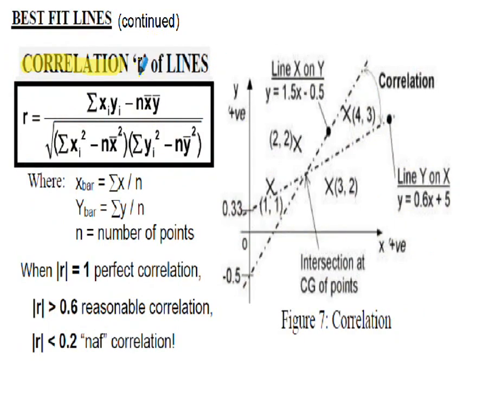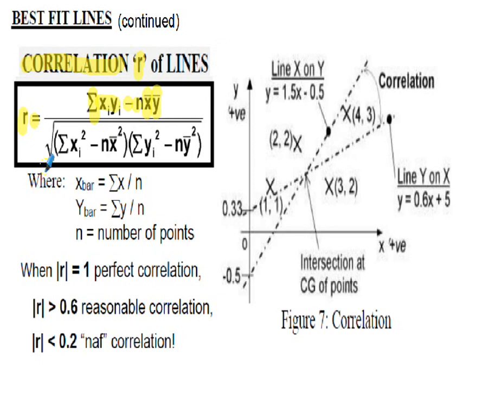Correlation, usually given the symbol r, which relates to the accuracy of the lines and how close the points are to the lines that have been drawn, is given by the equation shown in the bolded box. So r is equal to, in the numerator, summation of the x multiplied by the y's, take away n, the number of points we are plotting, multiplied by the x bar, multiplied by the y bar.